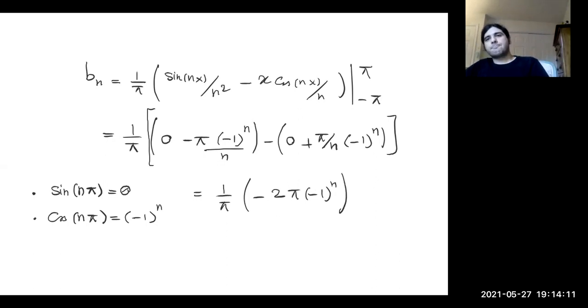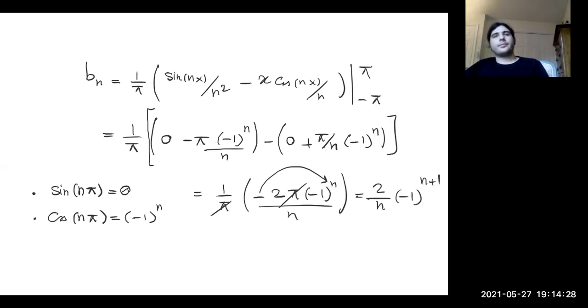So pi and pi would cancel each other. This minus 1 would add up there, it would be 2 over, sorry, there is also n here, over n. 2 over n minus 1 to the n plus 1.